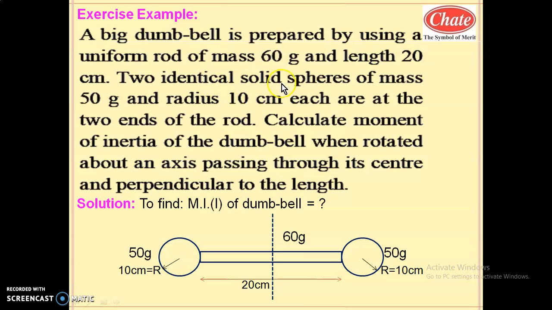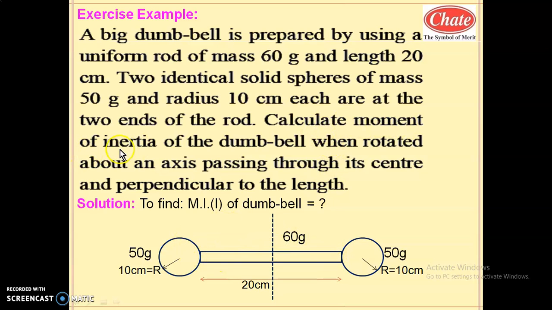Two identical solid spheres, each of mass 50 gram and radius 10 centimeter, are at the two ends of the rod.